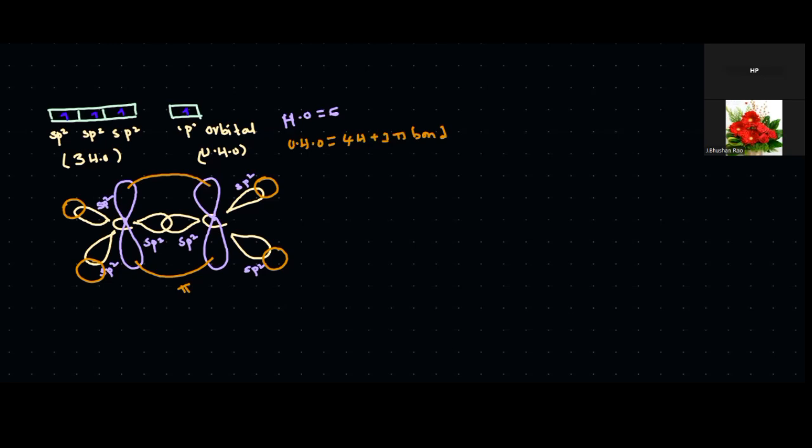So 4 hydrogens plus 1 pi bond equals 2 unhybrid orbitals. Totally 6 hybrid and 6 unhybrid orbitals. So remember this point: 1 pi bond always equals 2 unhybrid orbitals. Remember this, it is very, very important.